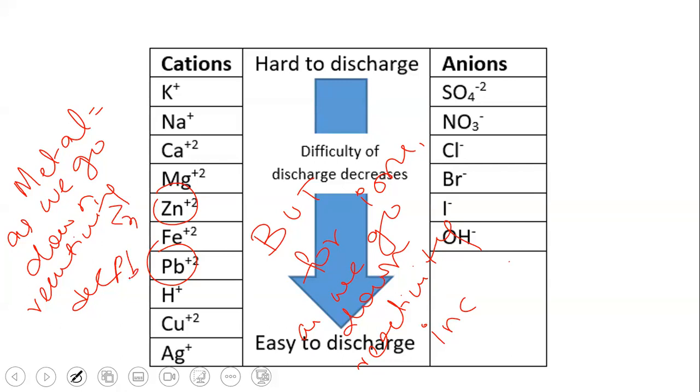Metal gets less reactive, meaning that lead will be less reactive. But the ion is opposite. The ion becomes more reactive. So the lead ion will be more reactive. Lead metal is less reactive, but lead ion is more reactive.